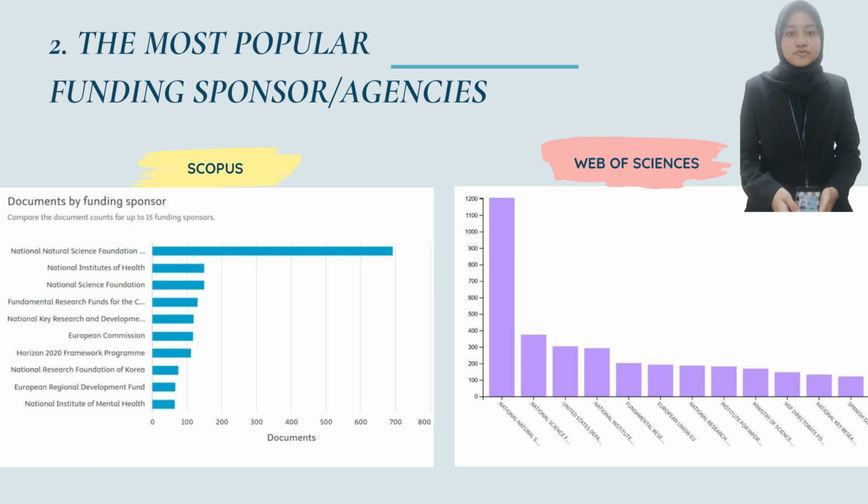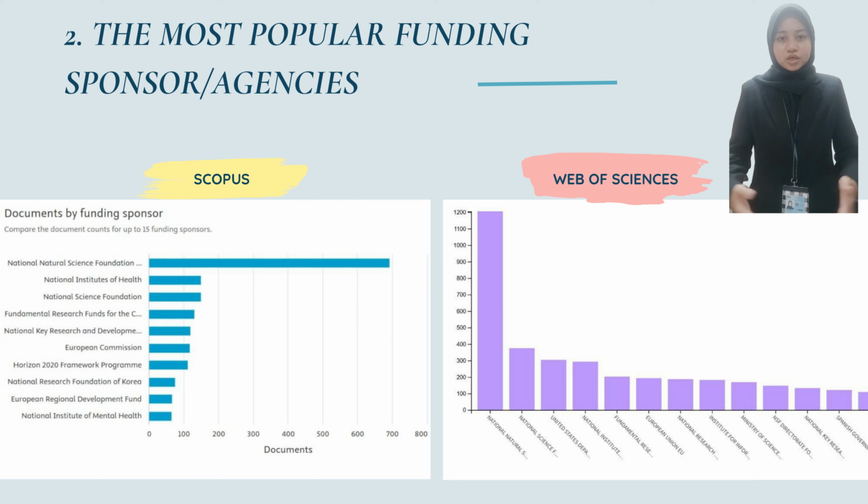Meanwhile, in Web of Science, the bar chart result clearly shows that the highest number of document types is 16, while the lowest is 25. Apart from that, the 3 most popular funding sponsors in the topic of information, behavior, and communication are National Natural Science Foundation of China, NSFC, which holds 1,208 documents with 15.322% of record count.